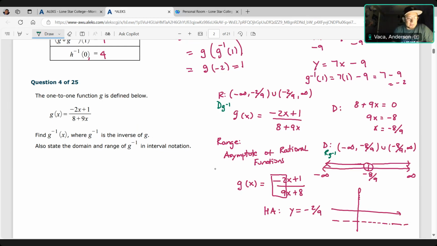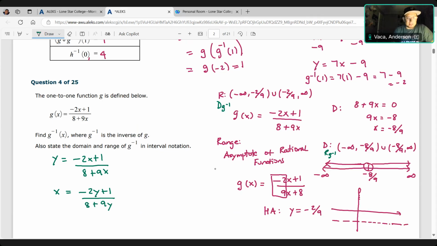Well, let's find that. y is equal to negative 2x plus 1 divided by 8 plus 9x. Swap x and y, so that x will become a y, and so will the x in the denominator, it will become a y.